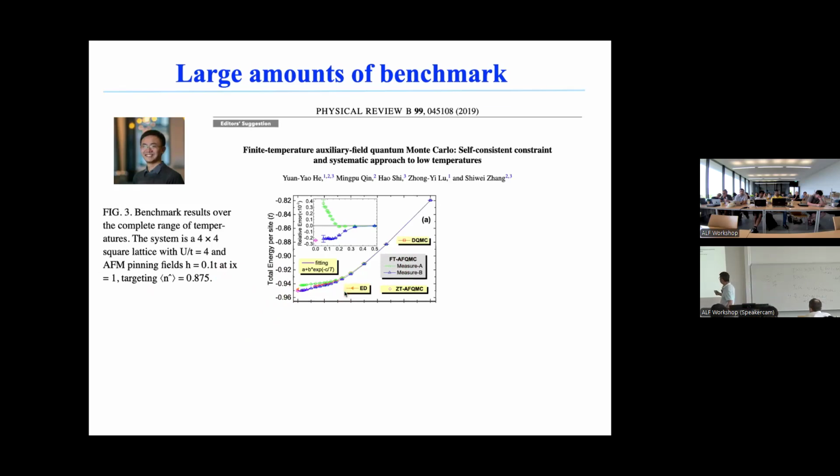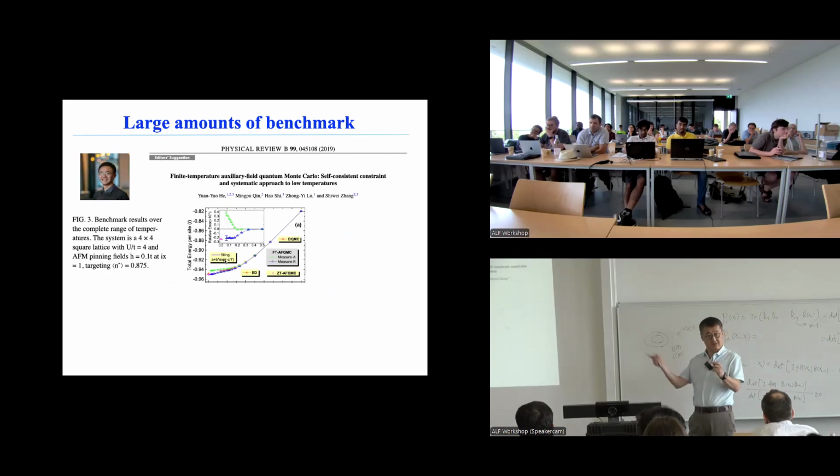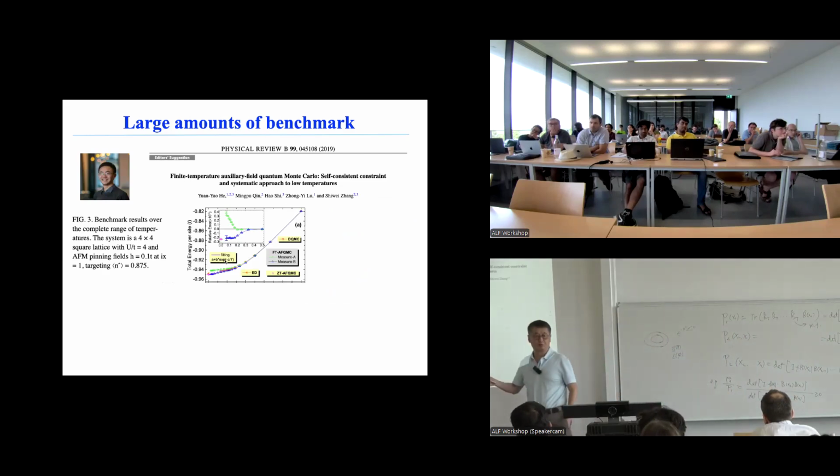Measure A, which incurs a bigger error, this green thing, is when you just go from right to left, you stop, and you make a measurement at the end. Measure B is you restore time symmetry by making the measurements at different places and averaging them. And so the blue is more accurate.